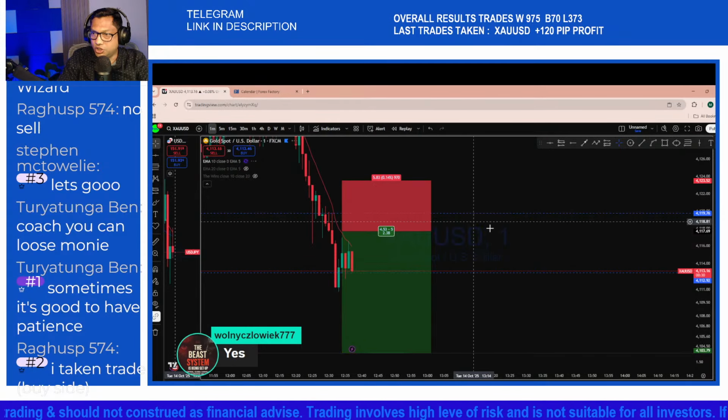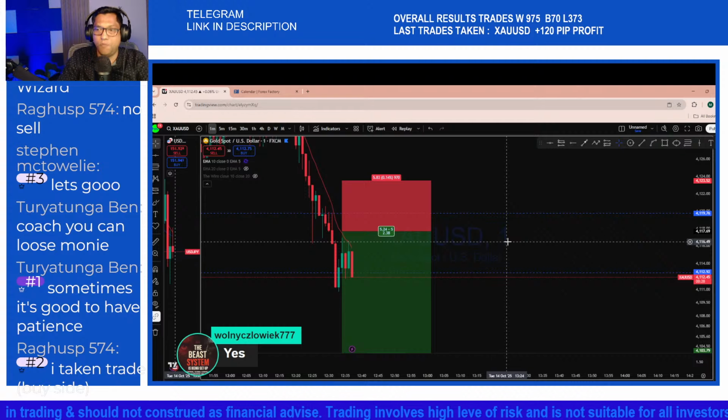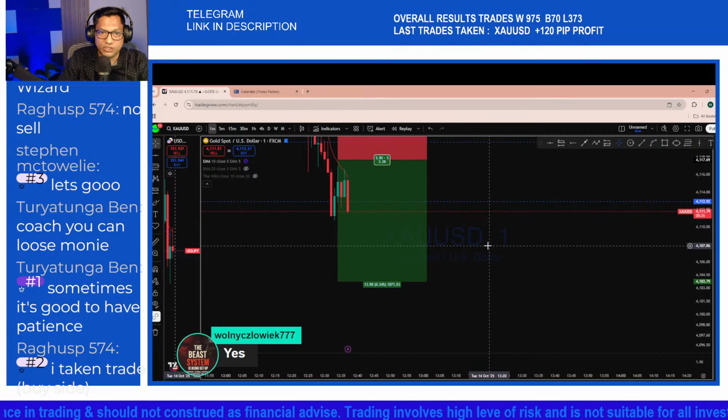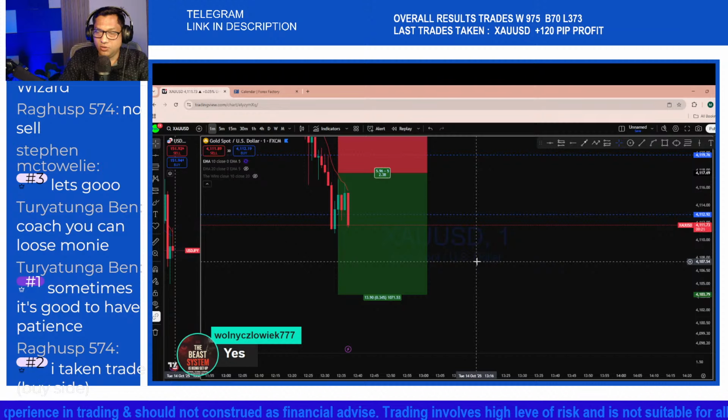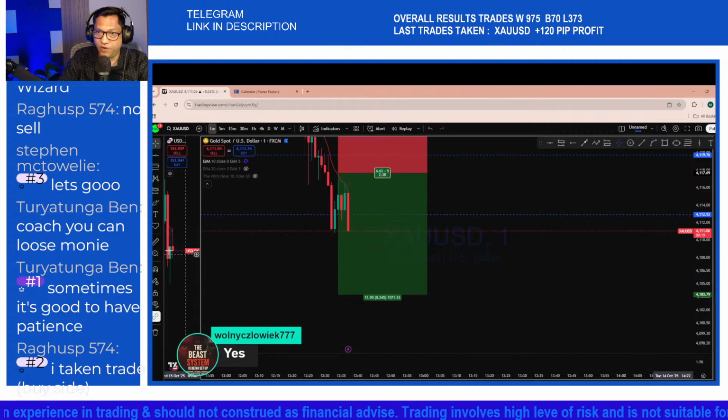The market structure is showing bearish, and you can see there is a double top breaking back below, and this is where we are at for the market to trend down and potentially continue to drop further.